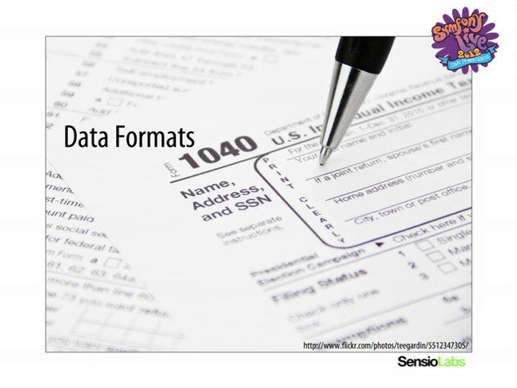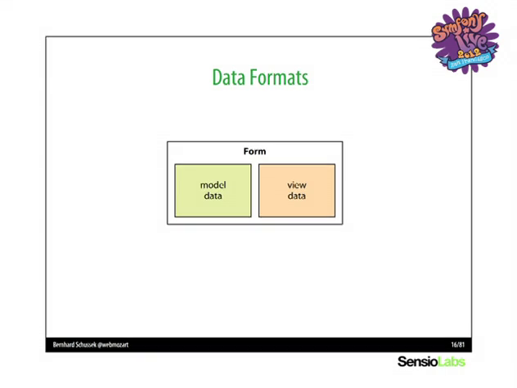We need to convert from one data type to the other and back, okay? And that's why I'm talking about data formats today. So every form stores data in two different formats. The model format, which is the format that you use in your application, in your domain model, and the view format, which is the format used in the view, which is usually a string.